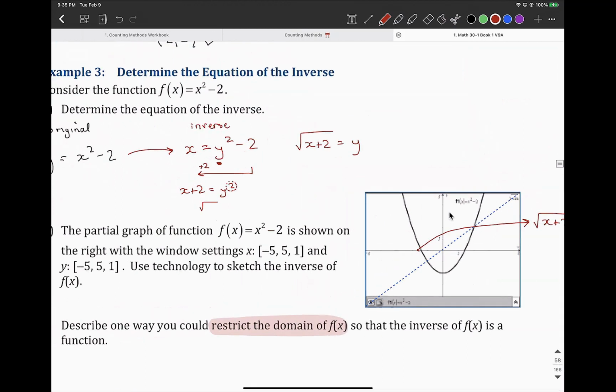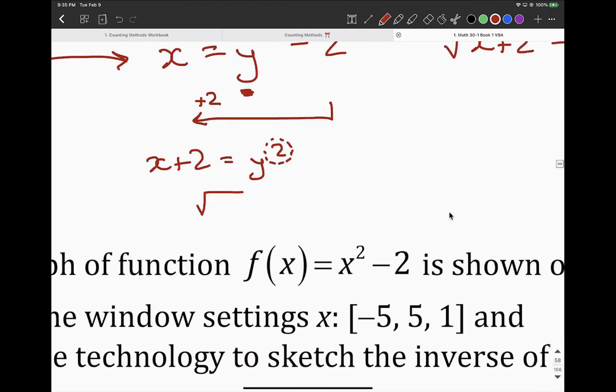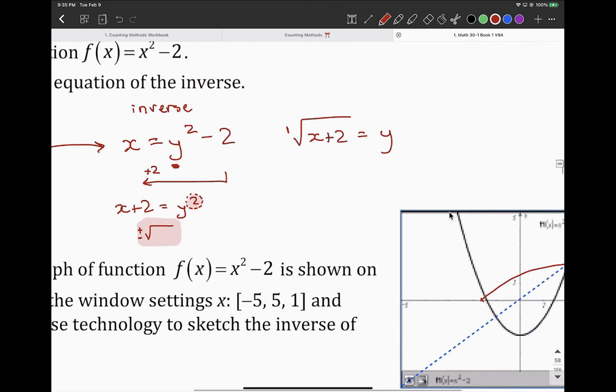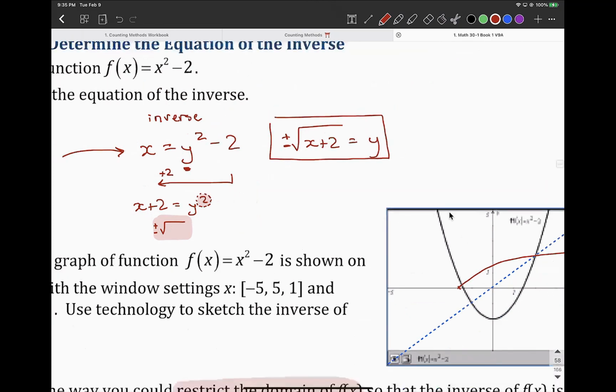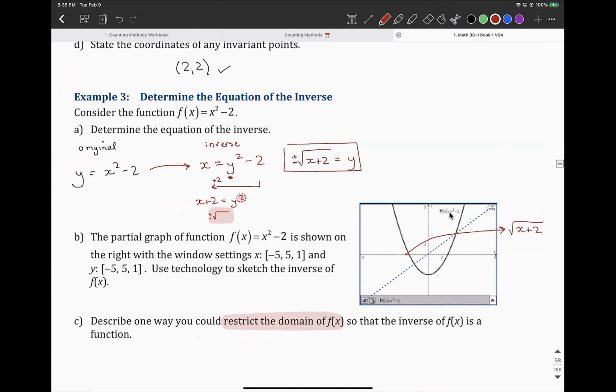The fix for this is to know that when a root is used to solve a degree 2 scenario, for example, it's not just the normal root. It is both the positive and the negative root, which is actually the correct, full equation of the inverse.